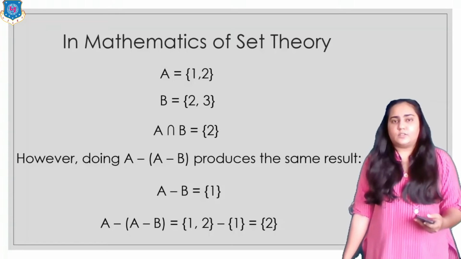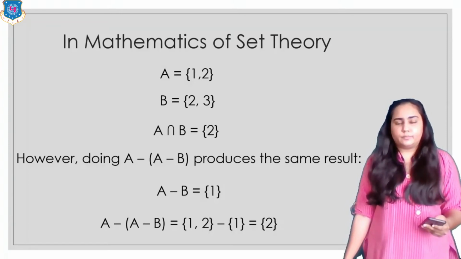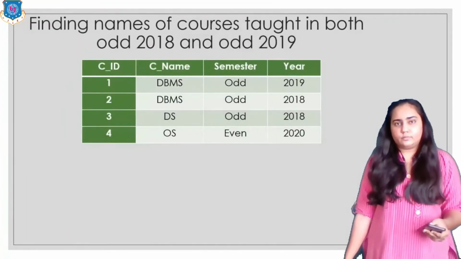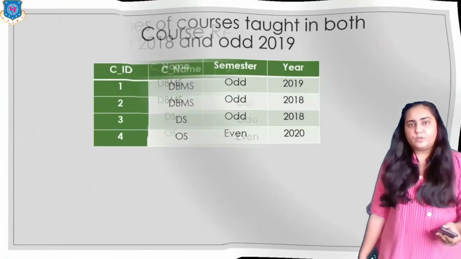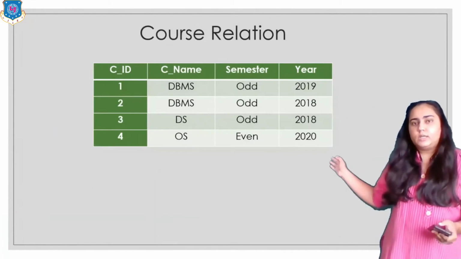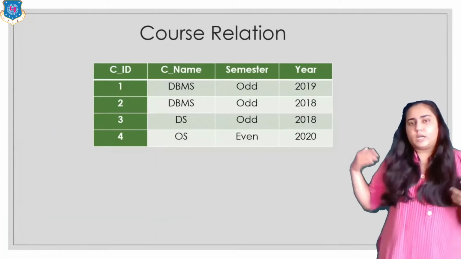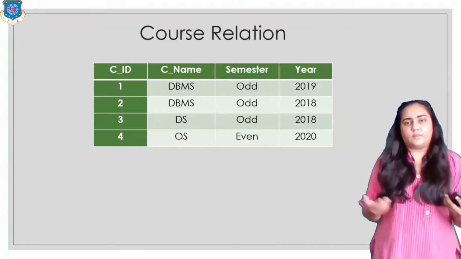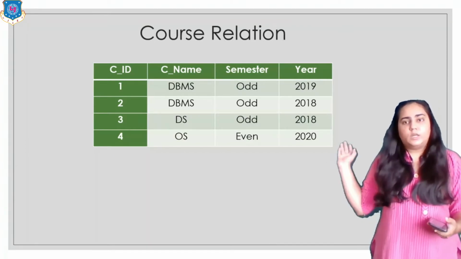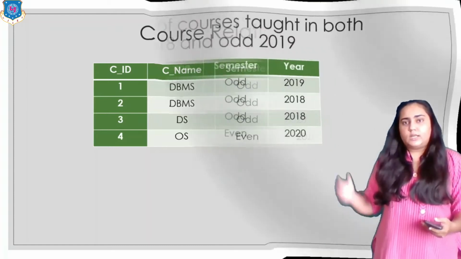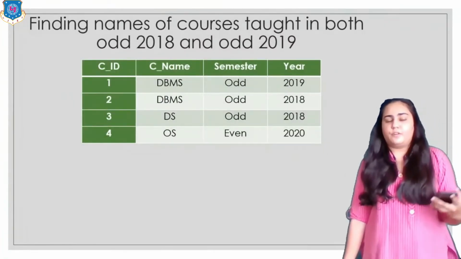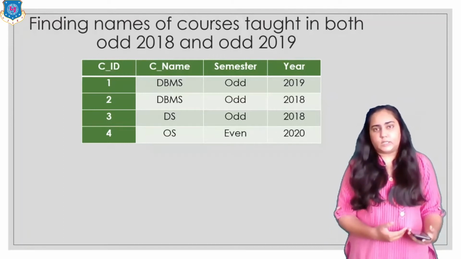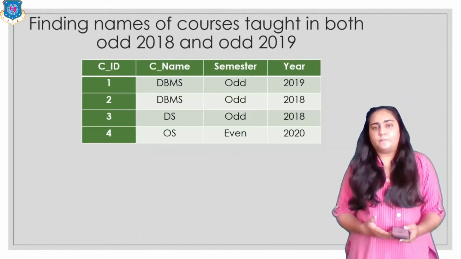Let's see intersection with an example. For this, I'm going to use the course relation, which contains the IDs of different courses, their names, the semester in which they were taught, and the year in which they were taught. Now, using this relation, let's answer the question of finding names of courses that were taught in both odd 2018 and odd 2019.